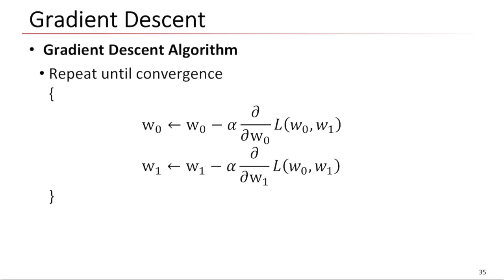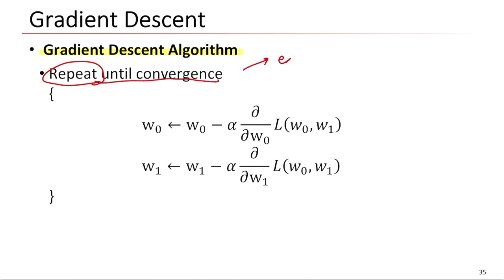Okay, so let's formalize what gradient descent is. So this is the gradient descent algorithm. As you can see here, gradient descent is an iteration algorithm run until convergence.